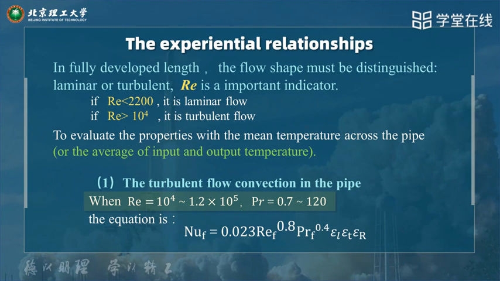When the Reynolds number is from 10,000 to 1.2 times 10 to the power 5, and the Prandtl number is in the range of 0.7 to 120, in this region we use the equation: Nusselt number equals 0.023 Reynolds number to the power 0.8 times Prandtl number to the power 0.4, and it includes several coefficients, epsilon L, epsilon T, epsilon R, three coefficients.